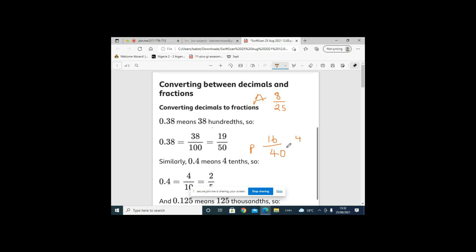Divide by 4 would have given me 4 over 10, which is 0.4. Yes. And if you multiply both sides by 4, you get to 100, so it's 32 over 100, that's 0.32. Mine is 0.4. Yeah, correct.